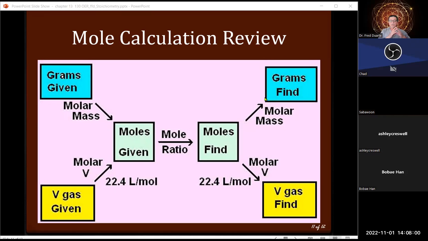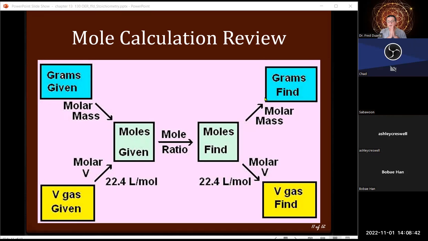Then from the mole ratio, I can determine the moles that I'm looking for, what the problem asks for, and then for moles of B, okay? So I start off with grams of A divided by the molar mass of A, that gives me the moles of A. From the stoichiometric relationship of the balanced chemical reaction, the mole ratio, I now get into moles of B. And from its molar mass, I get grams of B, okay?